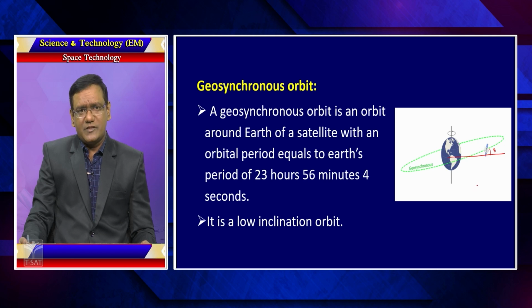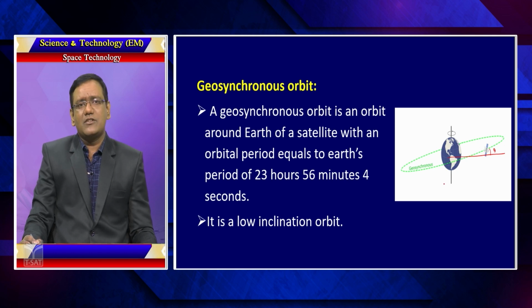So a geosynchronous orbit means an orbit that revolves around the Earth, and the time period of that satellite is equal to the time period of the Earth. That is why it is called geosynchronous orbit. Geo means Earth, synchronous means it is in sync with the time period of the Earth.